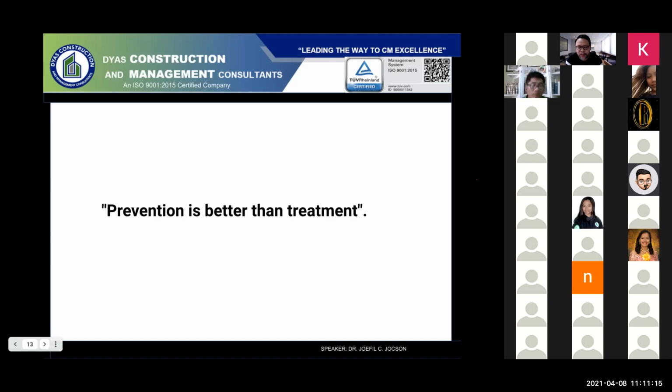Kasi pag i-cure mo yan, gastos mo pa yan. Which is not, dapat is savings mo na yun eh. Pero dahil maraming defects, wala ka magawa. Kung di, iti-treat mo siya. But prevention, dapat kaya mo siyang i-prevent.